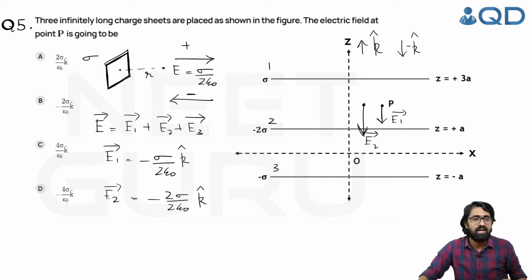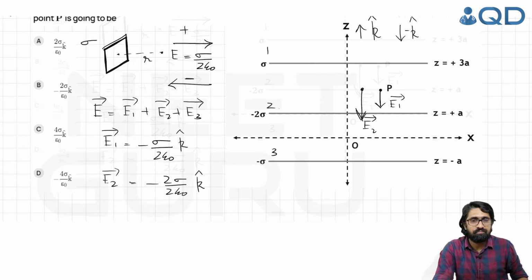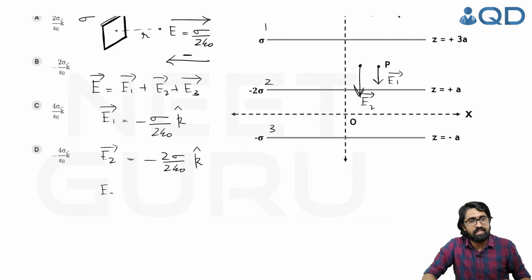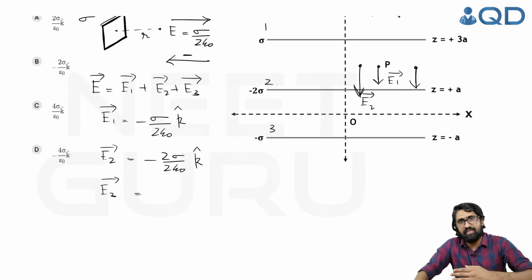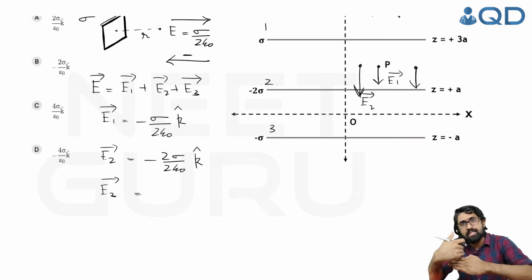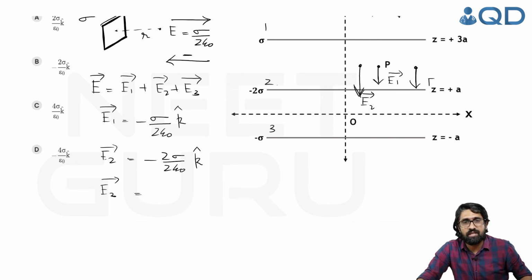Now, E3 vector, that is the electric field at point P due to the third sheet, will also be directed downwards. And that is because sheet 3 is also negatively charged, and the electric field E3 will be towards that sheet. So this is your E3 vector.